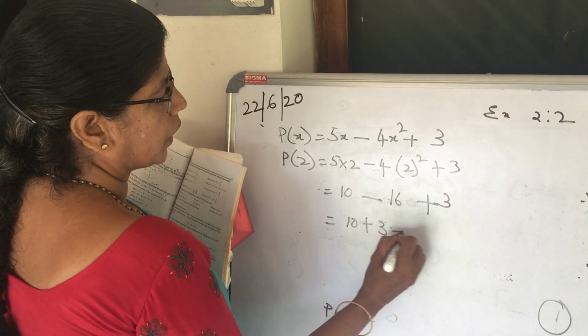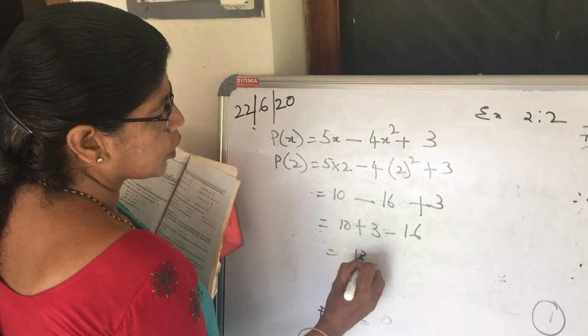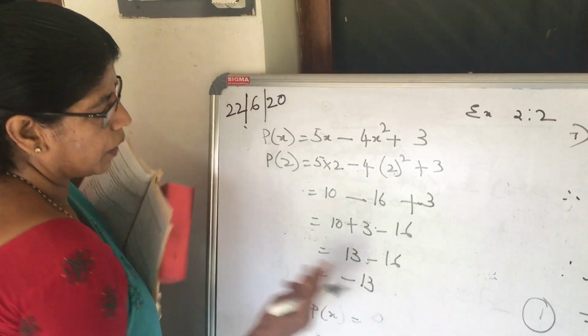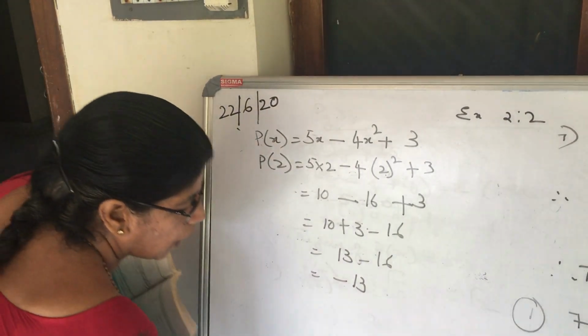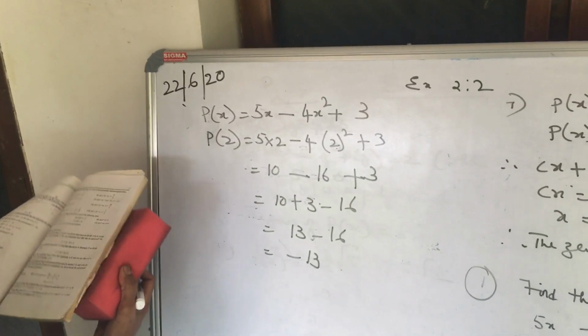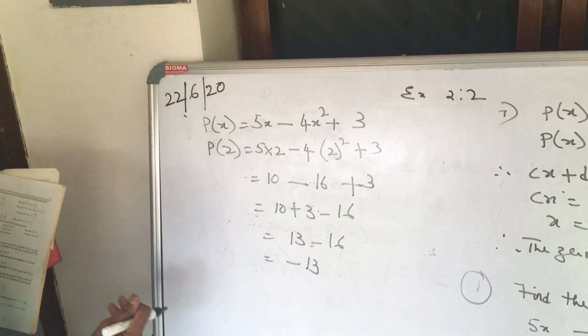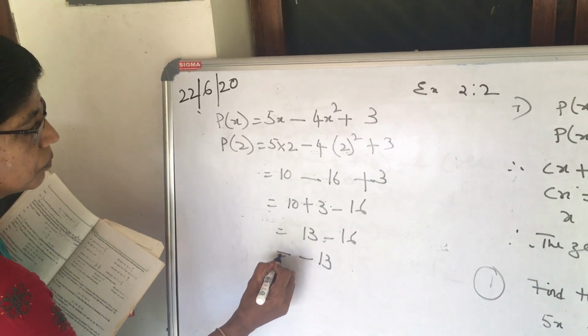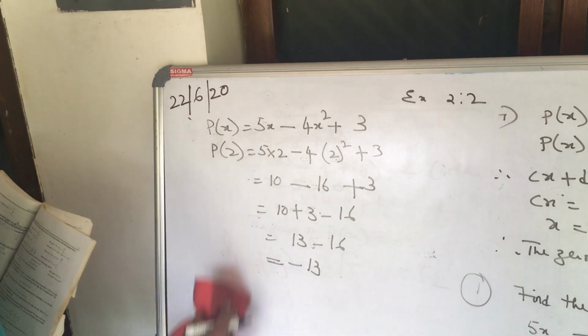Positive numbers together, negative numbers together. One term positive, one term negative, subtract and put the sign of the greater number. 15 minus 16, how much?